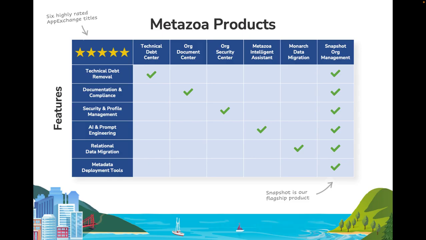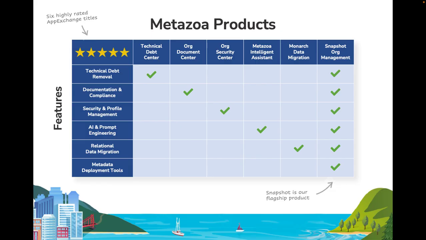So on the AppExchange, we have 6 different titles, but the main title is Snapshot, and that's in the far right-hand column. That includes all of the features and functionality. And on the left-hand column, you can see the 6 things that Snapshot really does. The first 3 are what I call the big 3: technical debt removal, documentation and compliance, and security and profile management. And then after that, we have some tooling that supports the big 3 but can also be used for special projects.